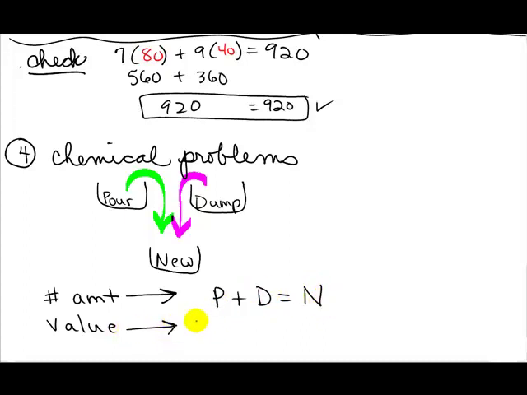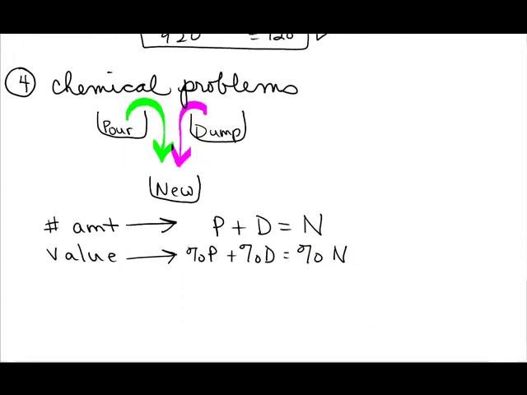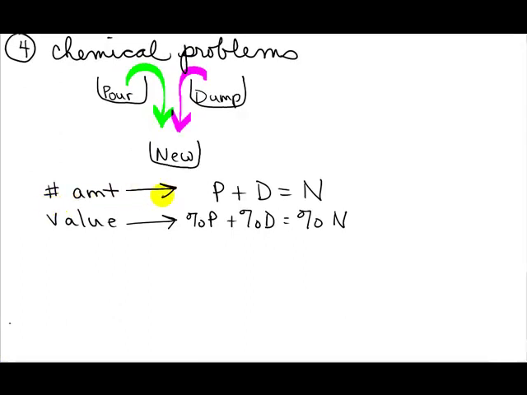The value: if you notice in the questions, these are percents. So the percent of P plus the percent of what we dumped is going to give us the percent of the new. So it's still a problem that involves the number amount and the value, but this is a very particular way of setting it up.